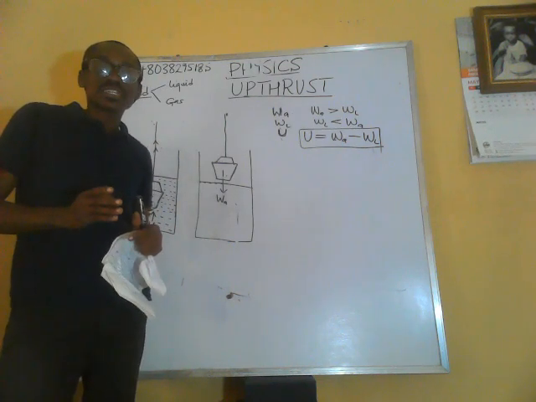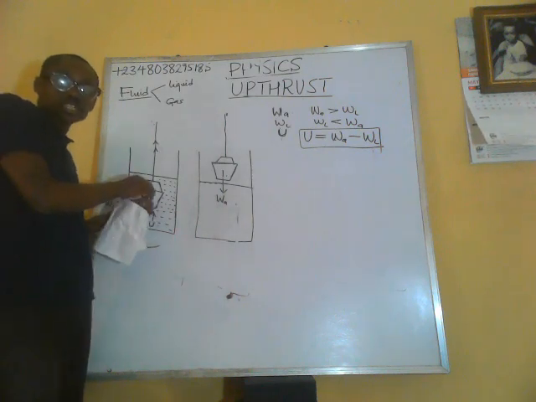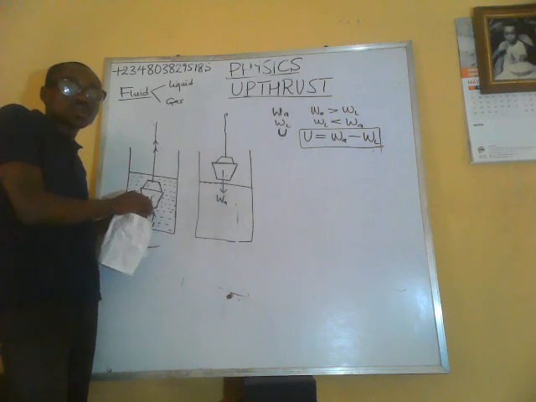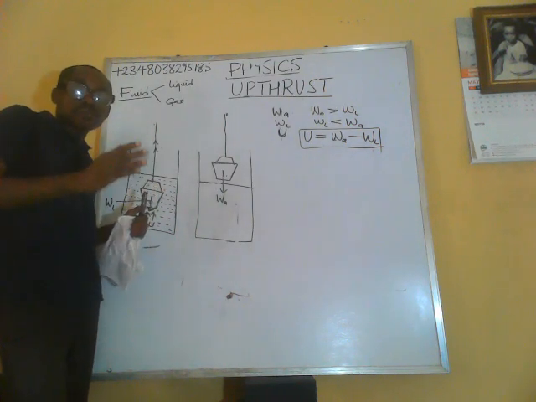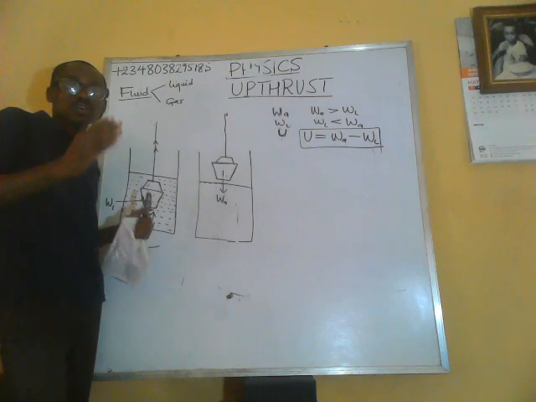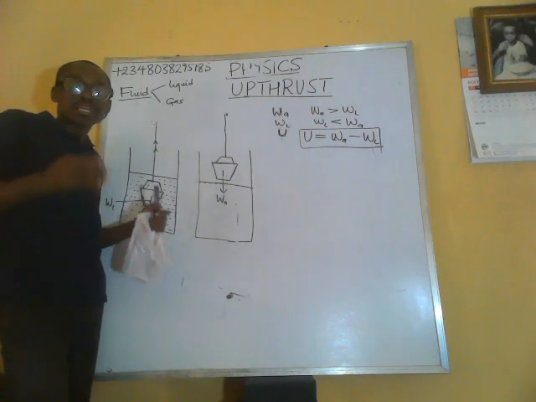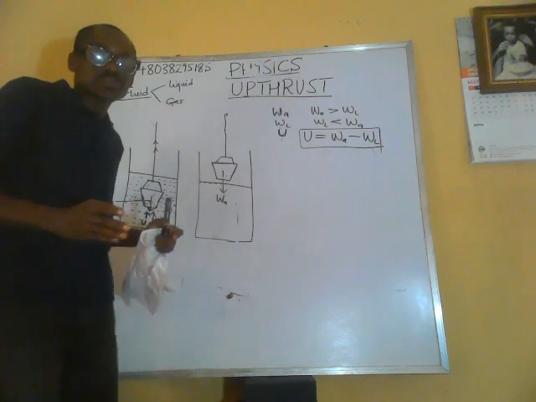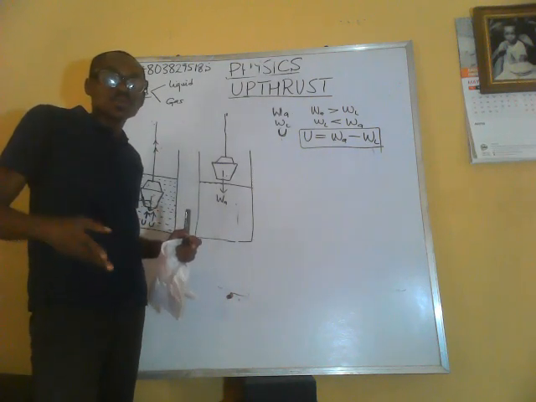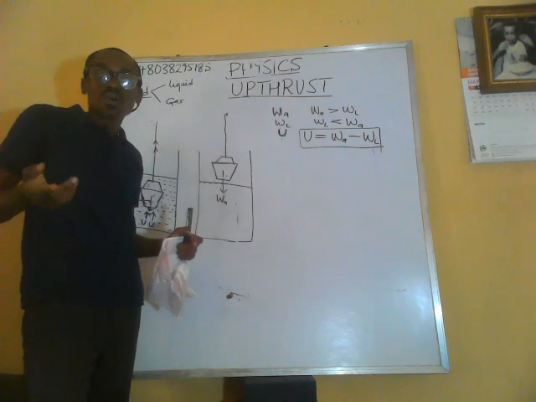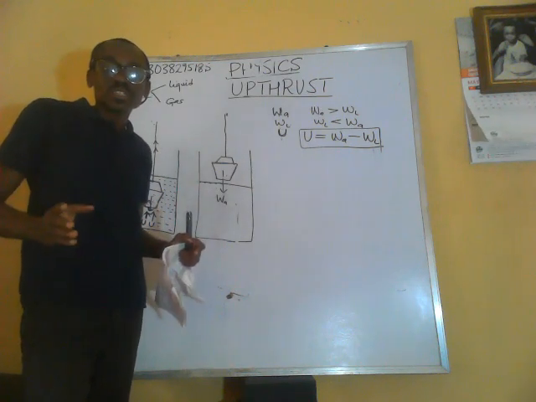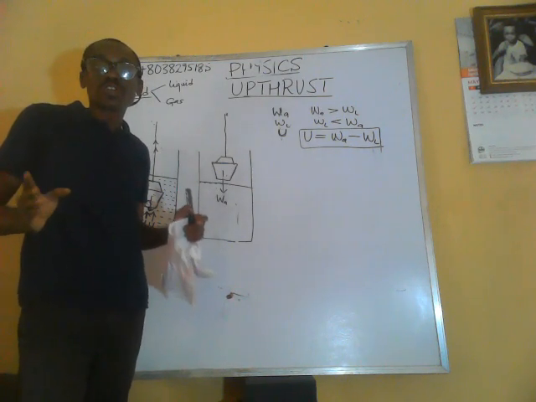When the bucket was here, there was a loss in weight. The upthrust is the apparent loss in weight due to an upward force acting on the body immersed, either partially or completely, in a fluid, which may be a gas or a liquid. So that is the definition of upthrust.